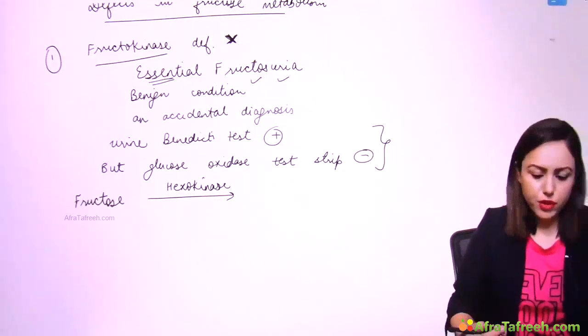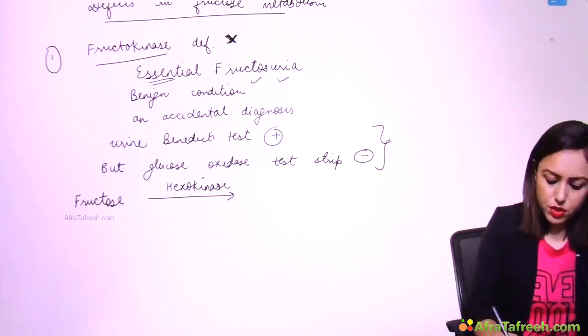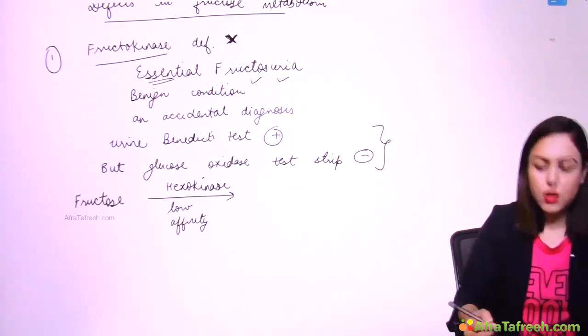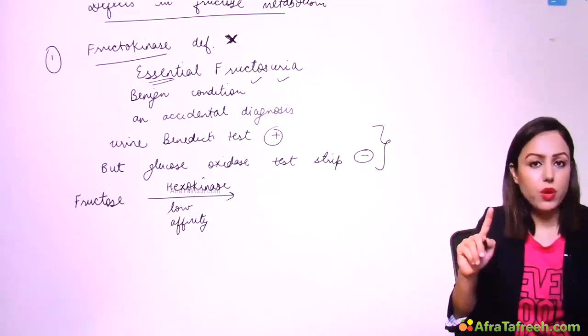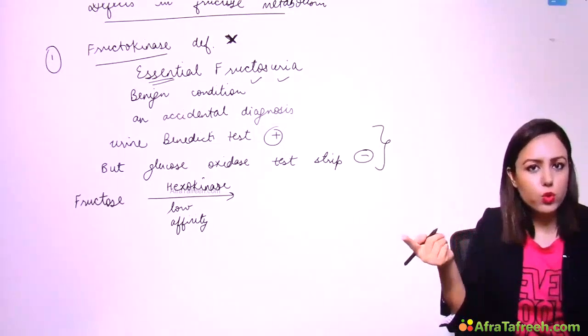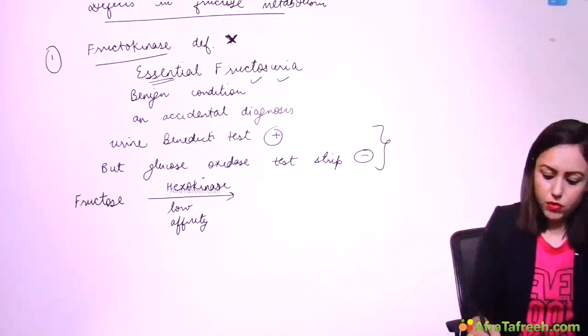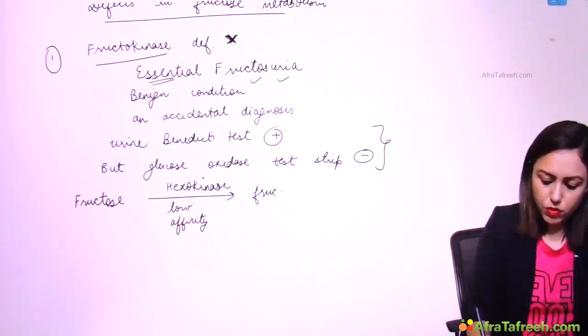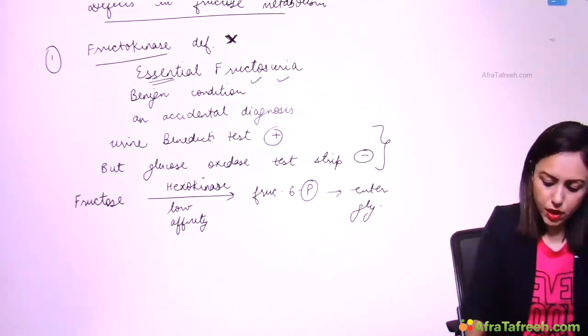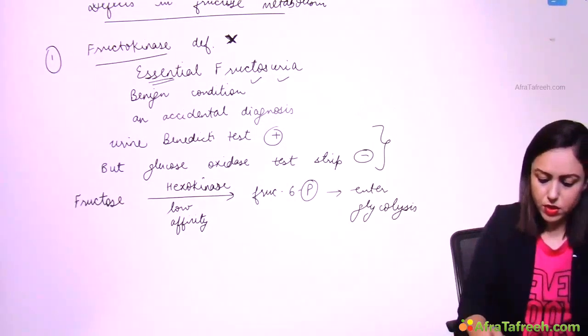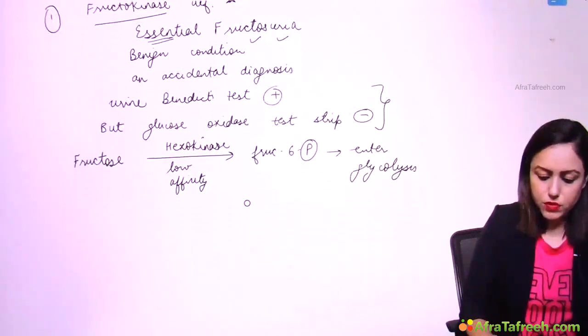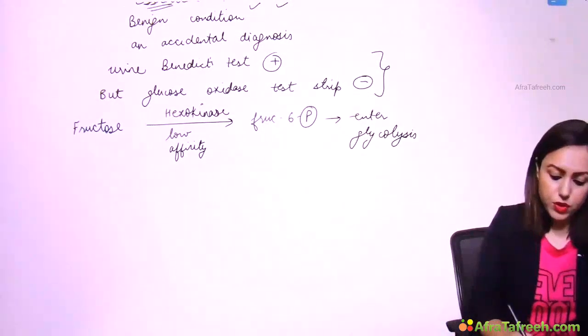Only a little of it will be taken because this enzyme has low affinity for fructose, but hexokinase has more affinity for glucose. Okay. Now fructose will be converted to fructose 6-phosphate, and this will enter glycolysis.